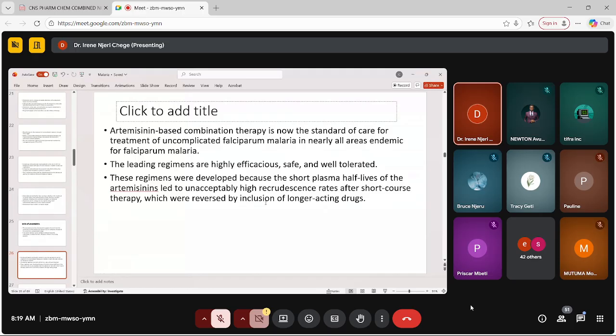Then we have this other class of drugs known as quinine and quinidine. Now, quinine and quinidine, have you ever covered them before? Yes, you have. How did you cover them? You covered them in pharmacognosy as cinchona alkaloids, just to jog your memories.